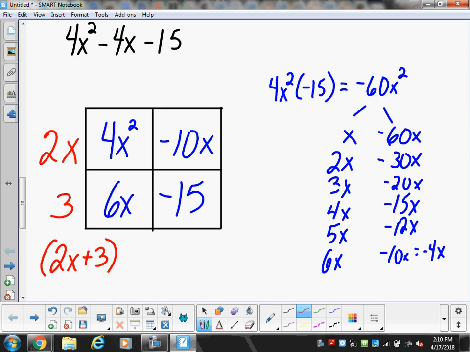Now, the columns, 4x squared and 6x, again, is going to be 2x, because 4 and 6 have a common factor of 2. And then x squared and x have an x. And then negative 10x and negative 15 is a minus 5, negative 5. So our other factor is 2x minus 5.